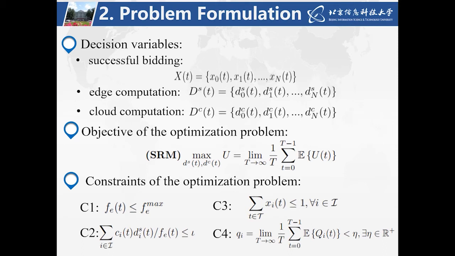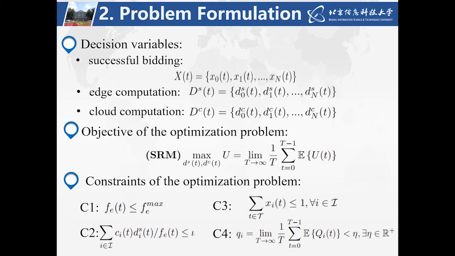And there are 4 constraints in our optimization problem. Constraints 1 and 2 are that the allocated edge computation cannot exceed the server's computing ability.